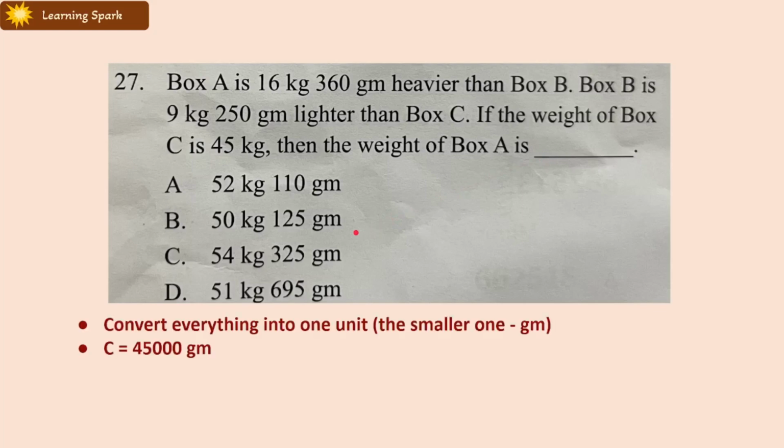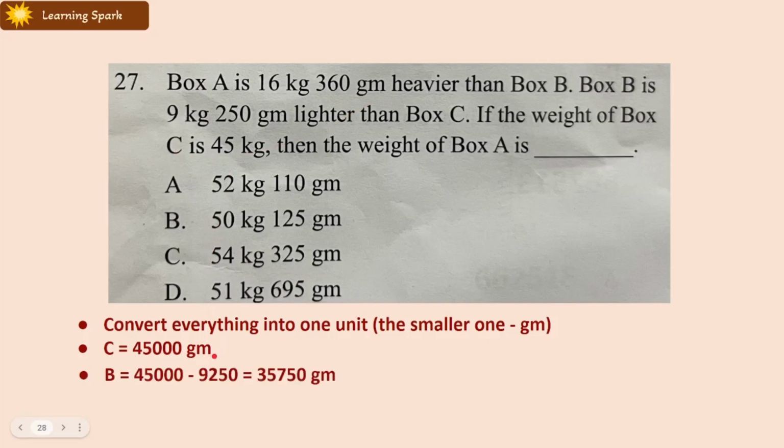The first trick should be to convert everything into one unit, preferably the smallest unit. Here the smallest unit is gram. So let's convert everything into gram. The weight of C is 45 kg, meaning 45,000 gram.